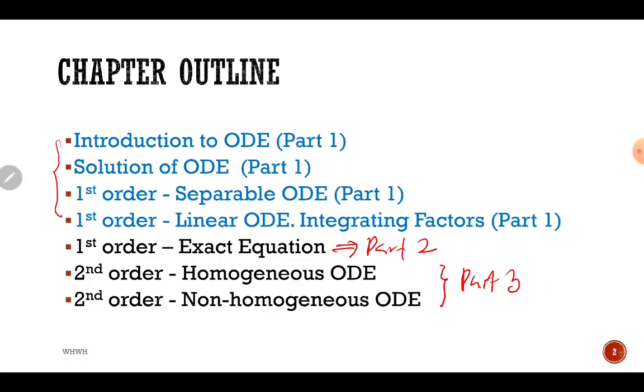Okay, so basically apa yang saya nak cover in this part 1 ni, dia macam siaran ulangan dah, exactly the same as what I have taught you in engineering maths 1 chapter 5. Okay, where we are going to discuss on the first order differential equation using two methods, separable method and using the integrating factor.